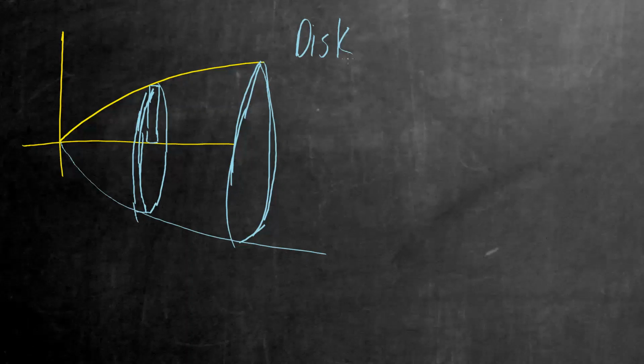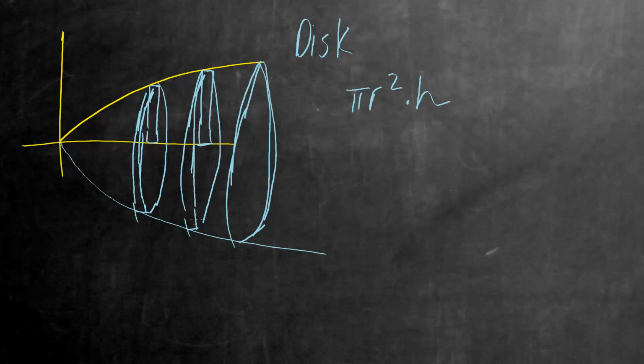And a disk forever has had a volume of pi r squared times h. And if I put my rectangle here and also rotate it, it has a volume of pi r squared h.